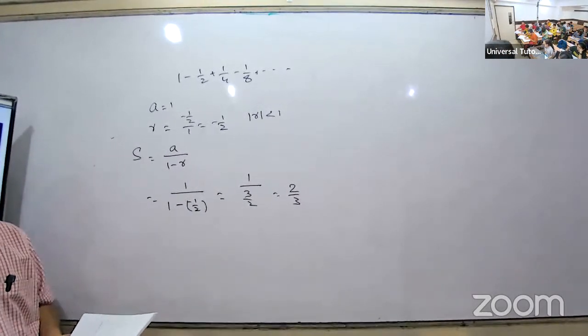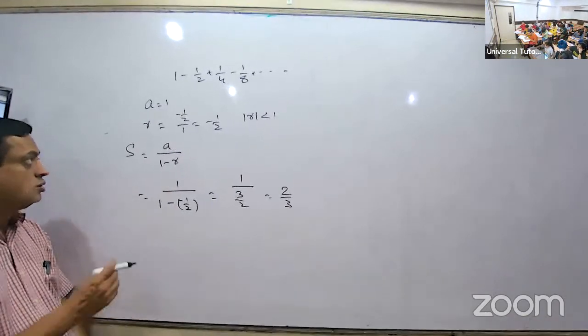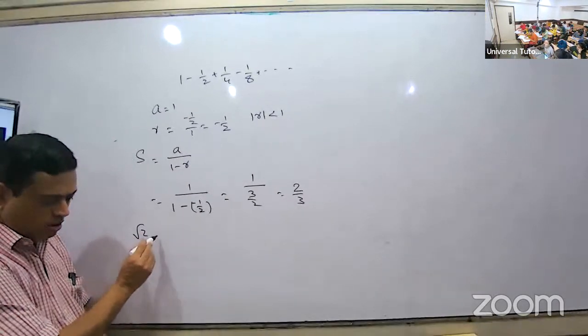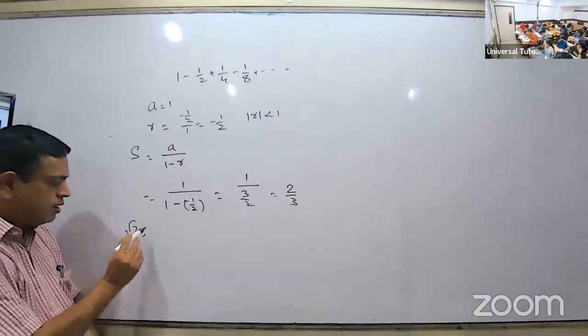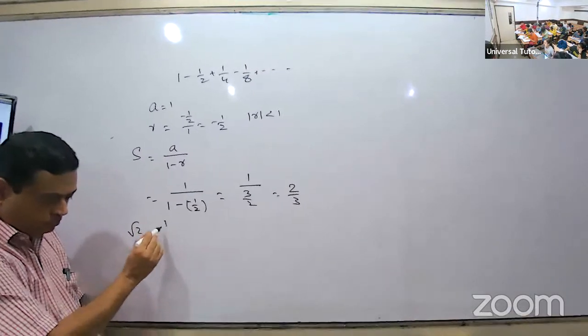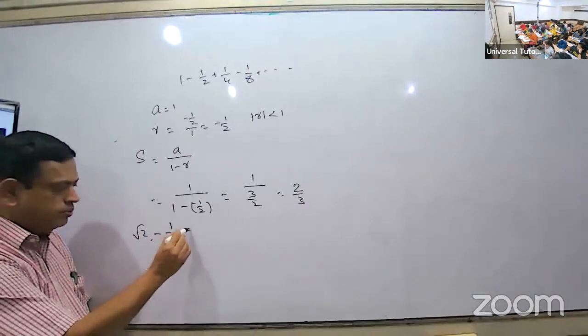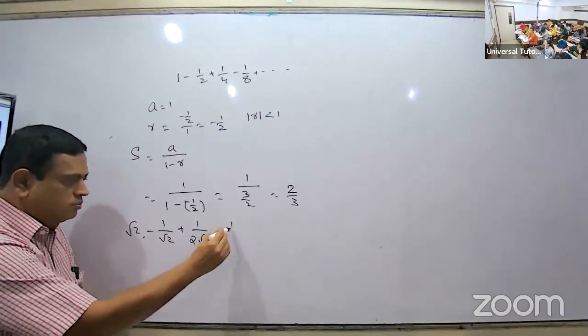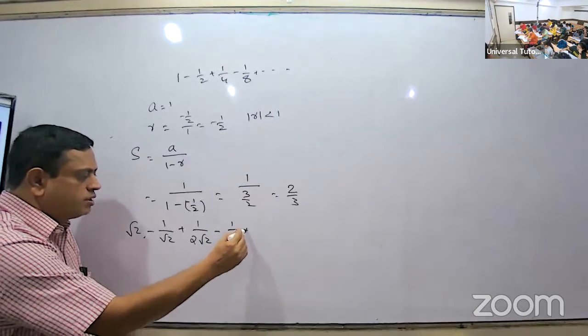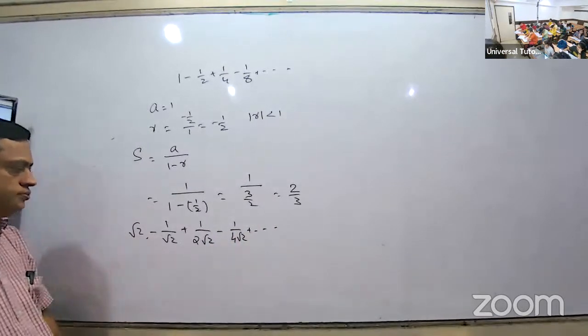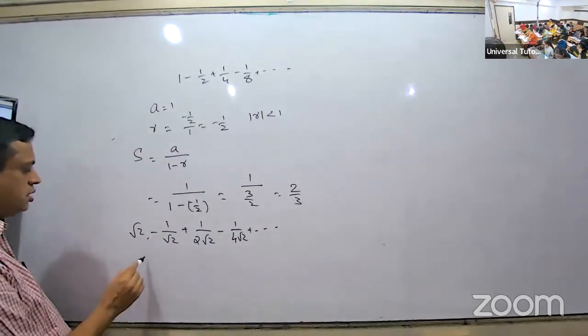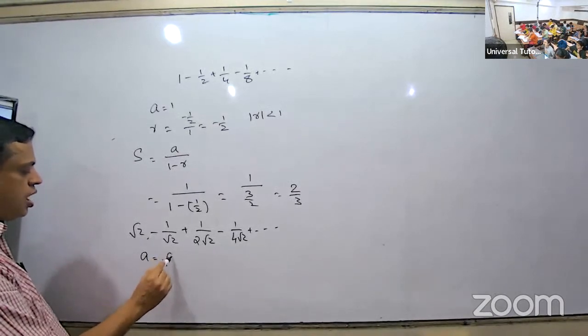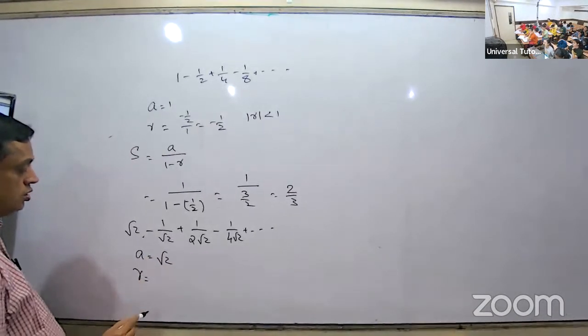Second part. Root 2 minus 1 by root 2 plus 1 by 2 root 2 minus 1 by 4 root 2 plus etc. A is equal to root 2, R is equal to minus 1 upon 2.